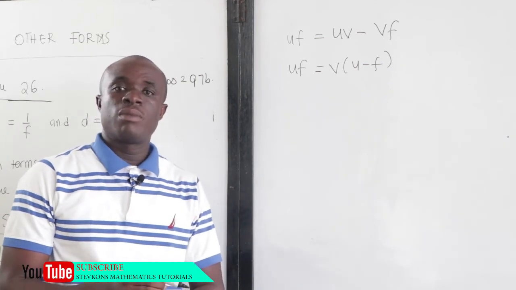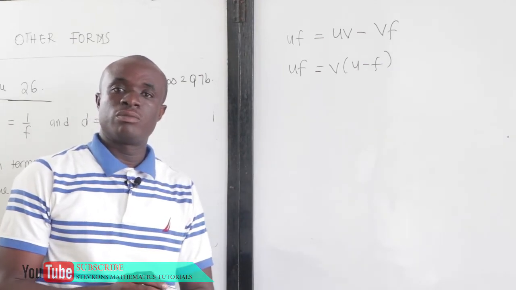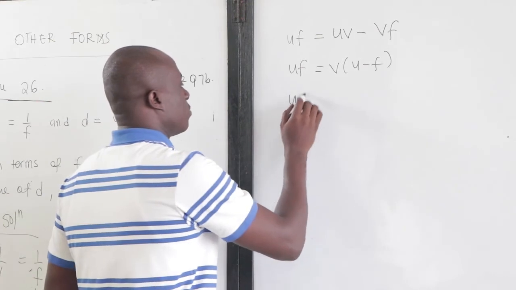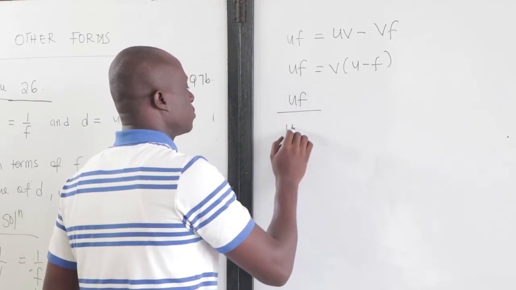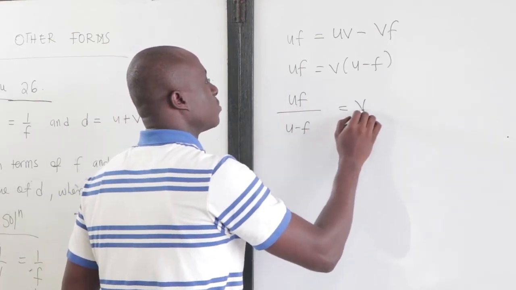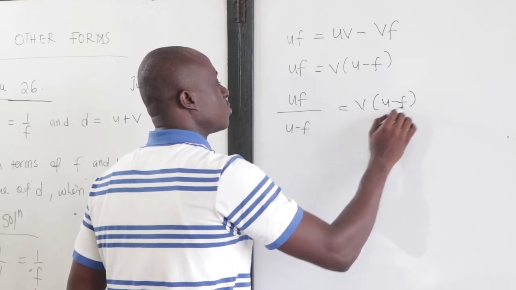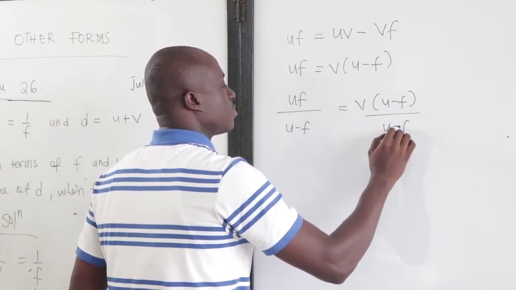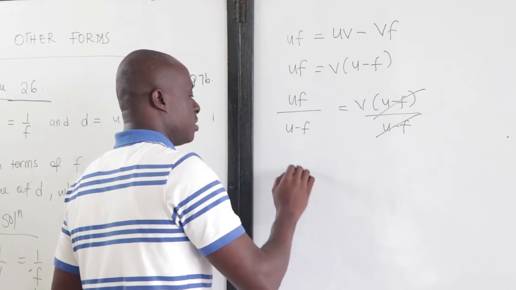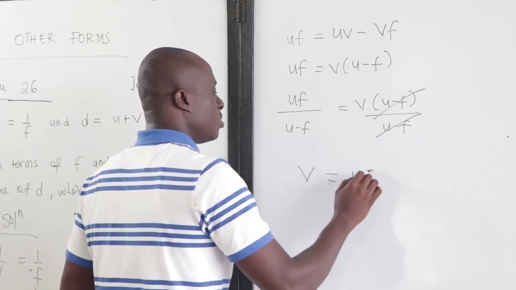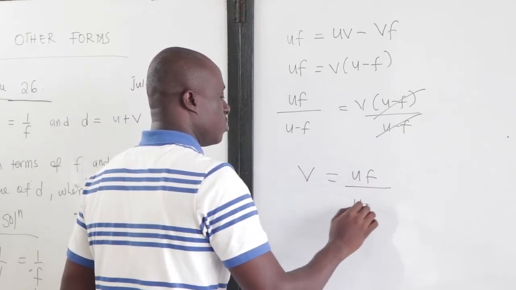We divide through by what is multiplying the v, which is u minus f. Clearly, this is cancelling out that, so we have v equal to uf all over u minus f.